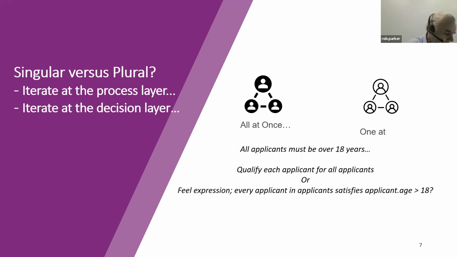Effectively, our first guiding principle is we try and implement the rules based on first principles as much as possible. So we actually discourage having a field expression which turns the decision column into, rather than a numeric, a Boolean. And the Boolean is: is the applicant over 18?